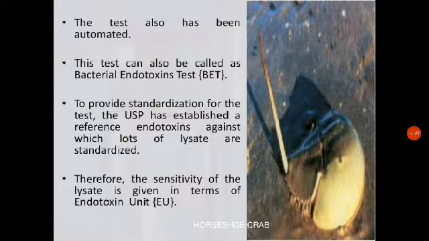And this is the horseshoe crab. This test is also called the bacterial BET test, so it can be used as a standardization for endotoxin.